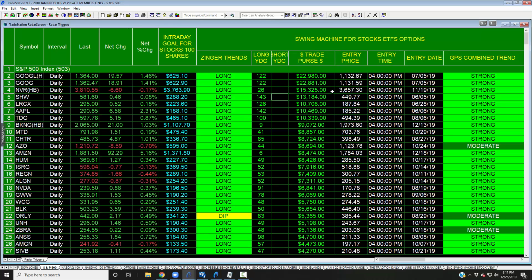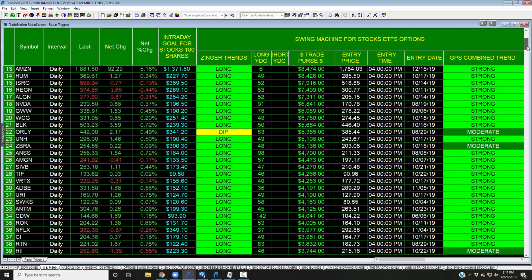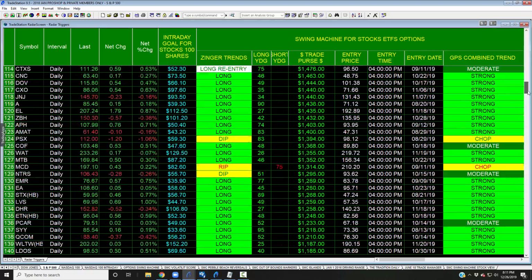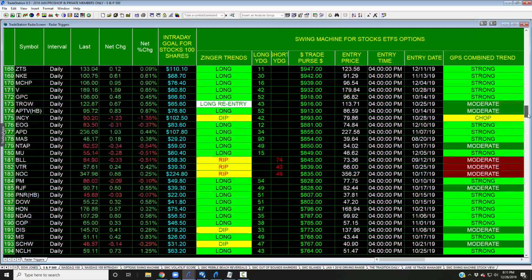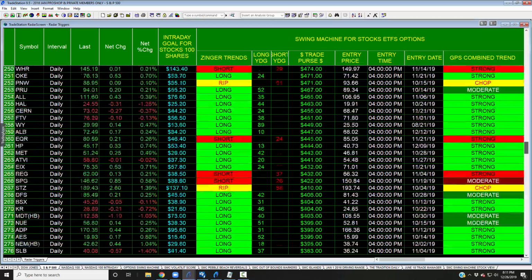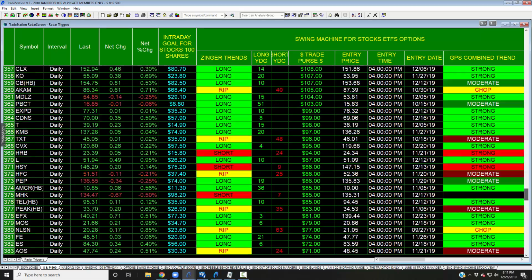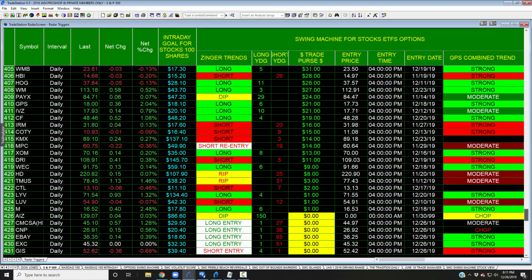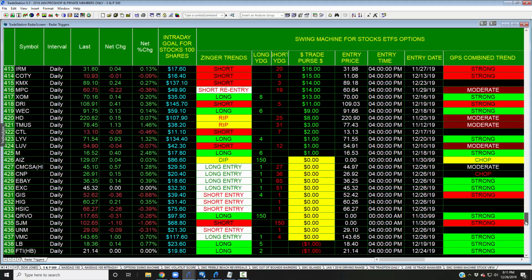This is the S&P 500. If you had taken these positions, now this has been scrolled by money. We're not up on all of them, but let me show you very quickly, because I'm limited by YouTube. We're long and we're short, so I'm going to just scroll down. Out of 500 stocks, we're profitable in 425. The yellow means we're just going in, so they're flat.